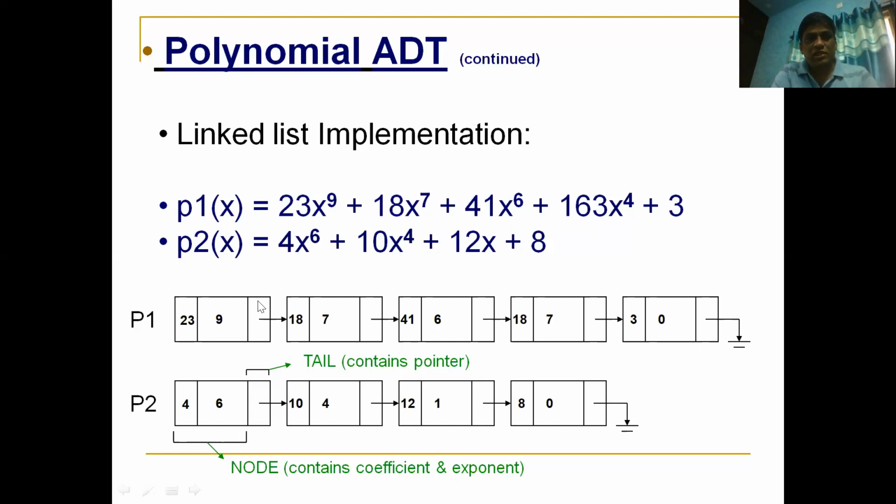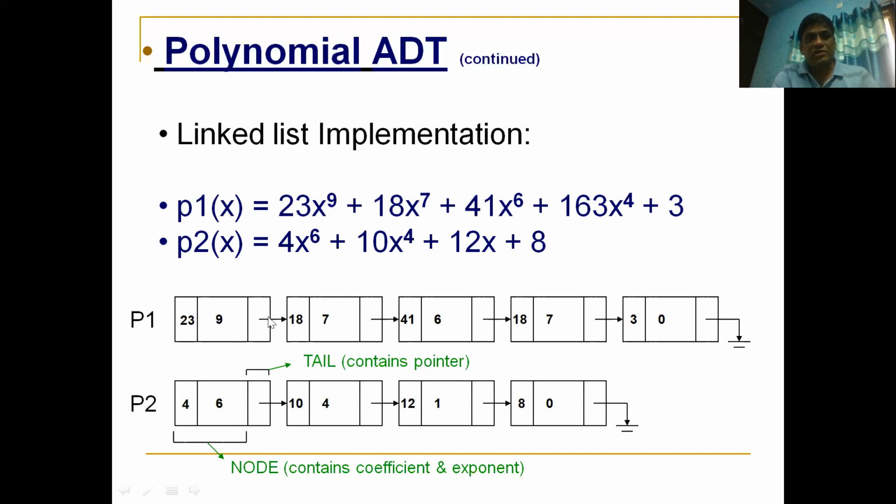If you look at the node structure of a linked list representation of a polynomial, it contains 3 fields. The first field refers to the coefficient of a term, and the second field refers to the exponent of a term. The third field refers to a pointer to the next node. So for every term in the polynomial, let us say 23x power 9, we construct a node and we put the information of coefficient and exponent into the node.